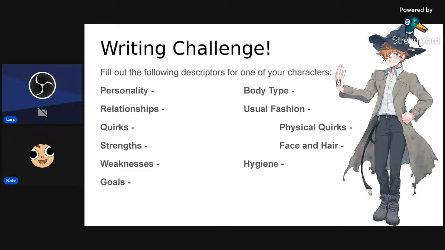Now then, what is Vix's usual fashion? His fashion is hardy clothing that can withstand small explosions. This consists of a beaten up trench coat and a mage's hat. The reason for the hat is because they want everyone to know that you are a mage, because people in this world hate wizards and witches.